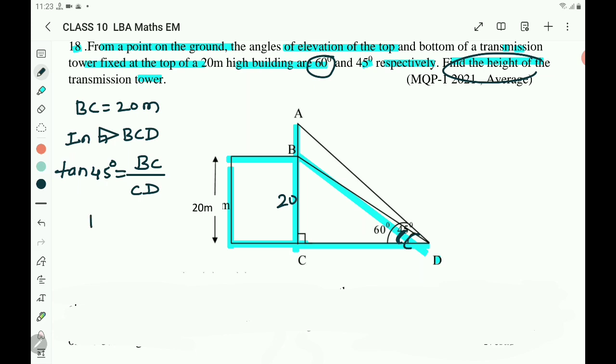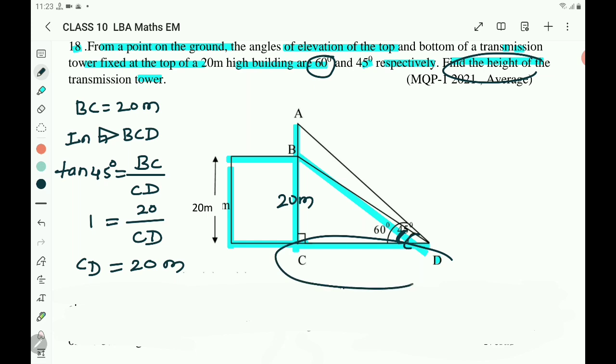Tan 45 is 1 is equals to BC is known, that is 20 meter. Write 20. Write CD as it is. CD is to be found out. Then do the cross multiplication. 1 into CD is equals to CD equals 20 meter. You got CD is equals to 20 meter.